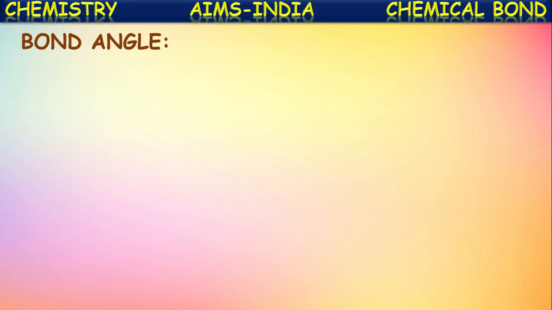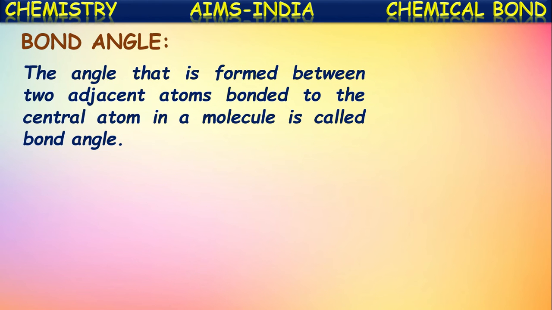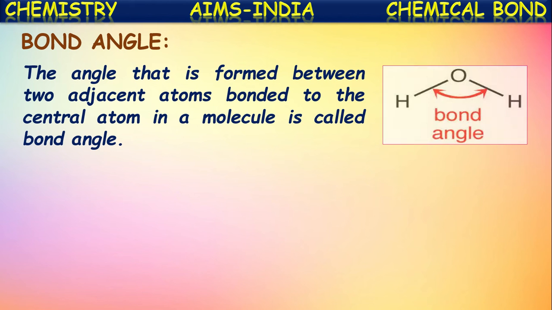Next parameter, that is bond angle. The angle that is formed between the adjacent atoms bonded to the central atom in a molecule is called bond angle. Say, suppose here the water molecule. In the water molecule, two hydrogen atoms are connected to the central atom oxygen.